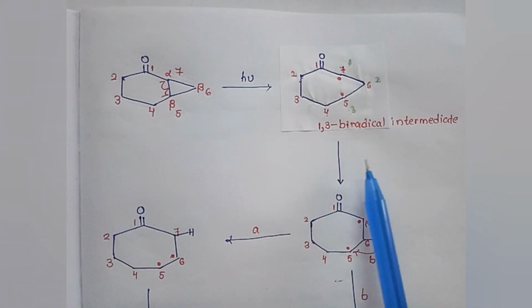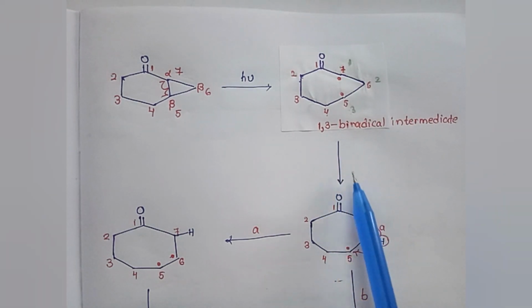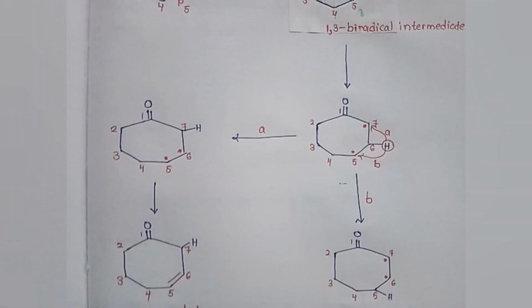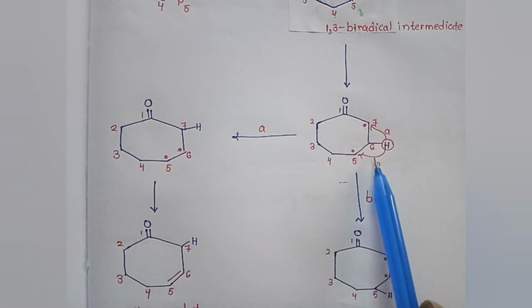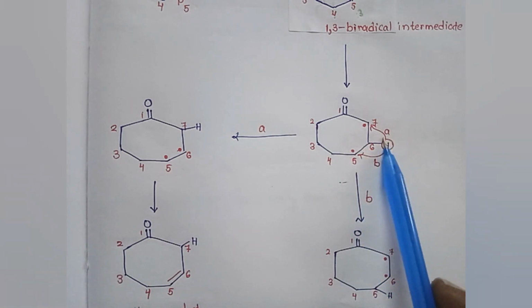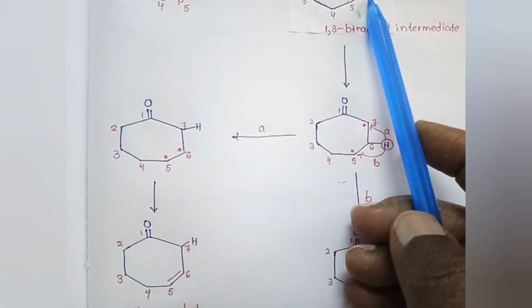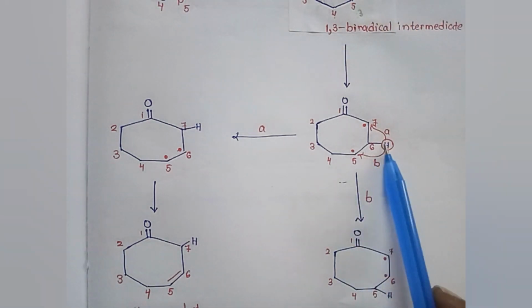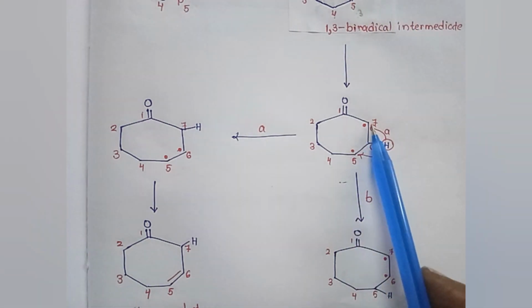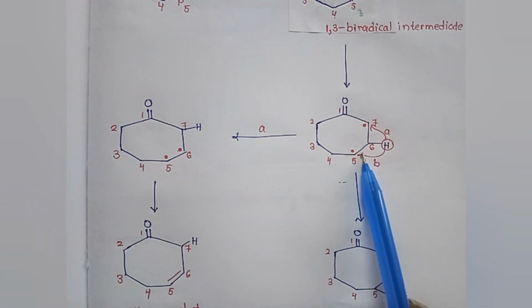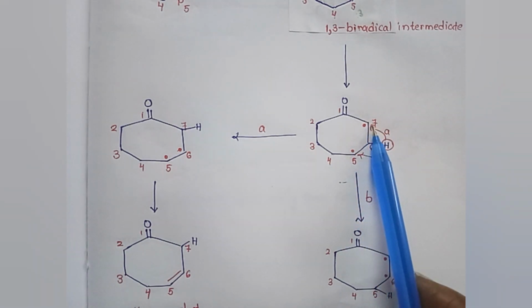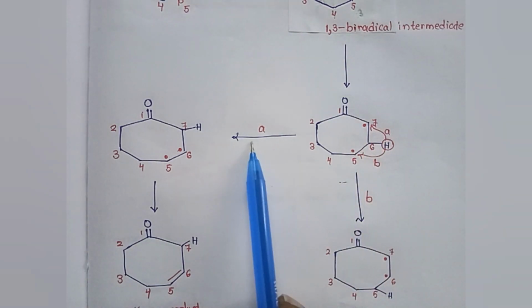So the 1,3 biradical undergoes 1,2 hydrogen shift. Let us see that. So the hydrogen is present on this carbon atom which does not have radical. This hydrogen atom can shift to this radical or to this radical. This is A route.